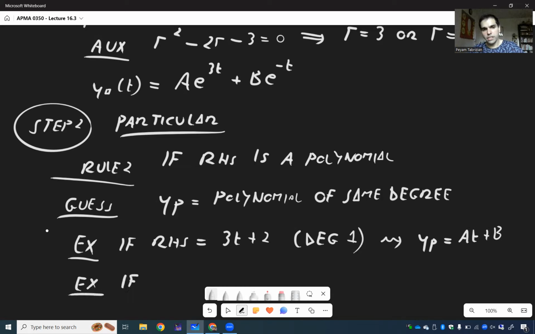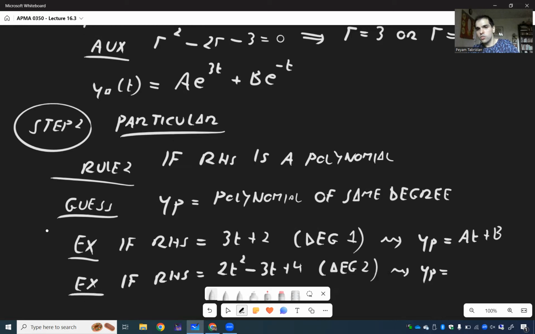If the right-hand side is 2t squared minus 3t plus 4, which has degree 2, then you guess yp to be at squared plus bt plus c.